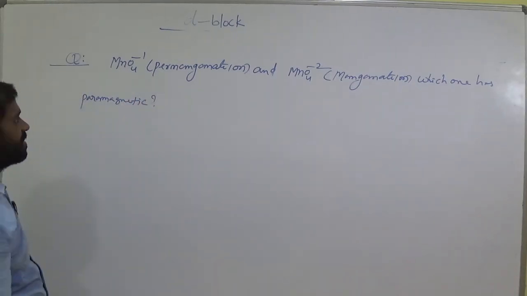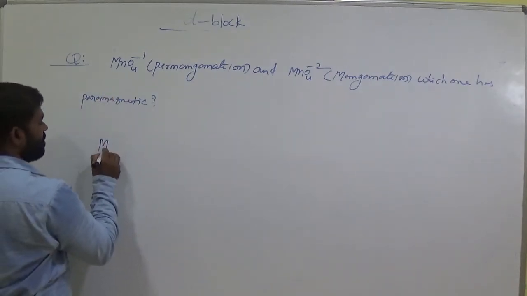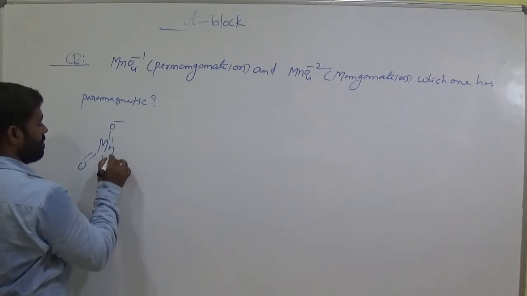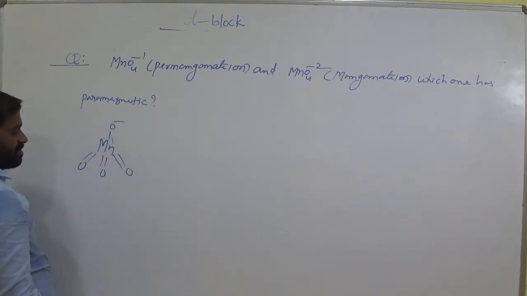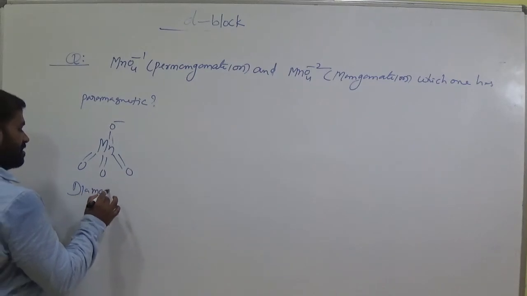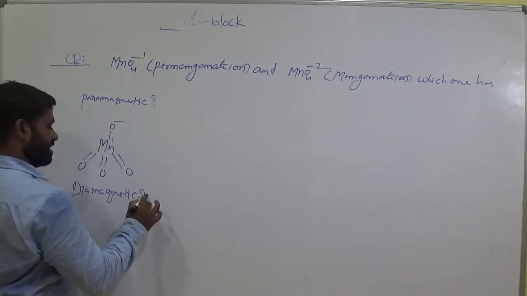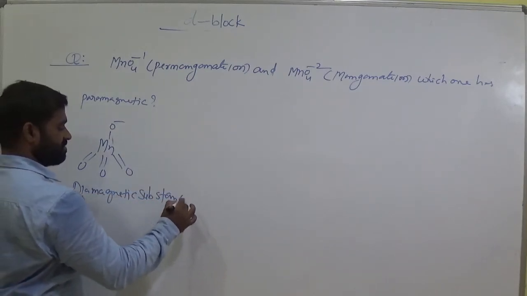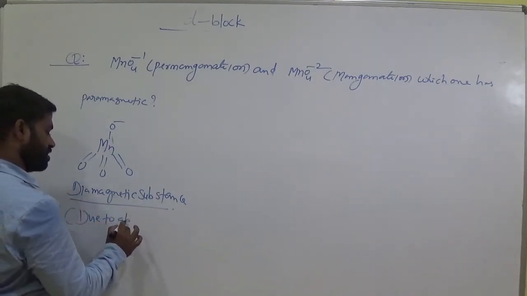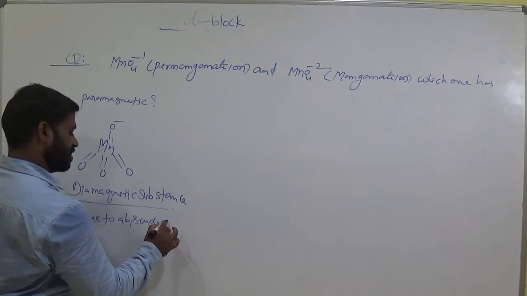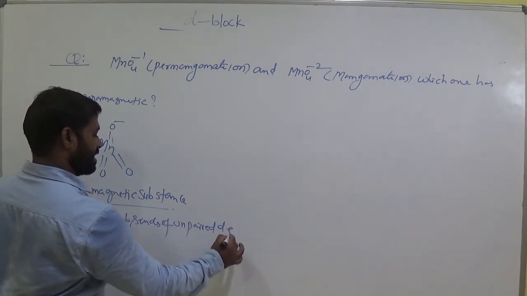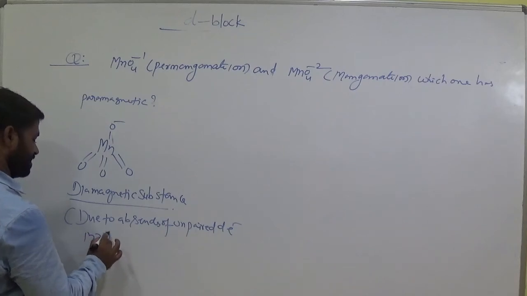Okay, that is the question. So let's see the first one, that is MnO4 minus. It is a diamagnetic substance due to the absence of unpaired d electrons in 3d.